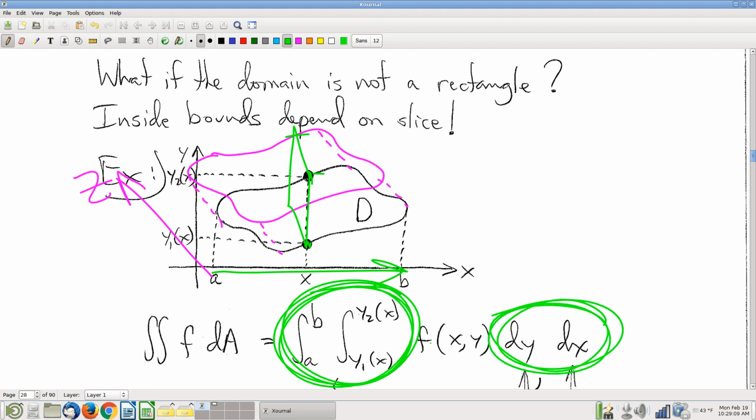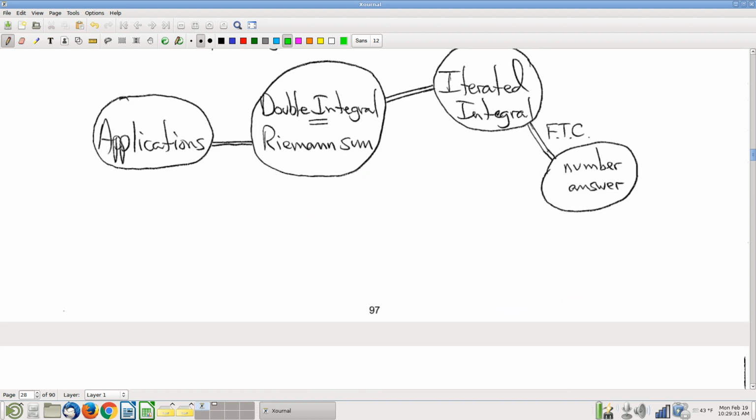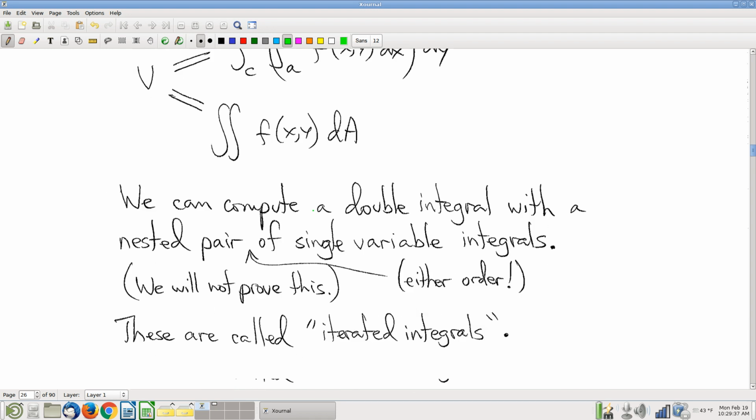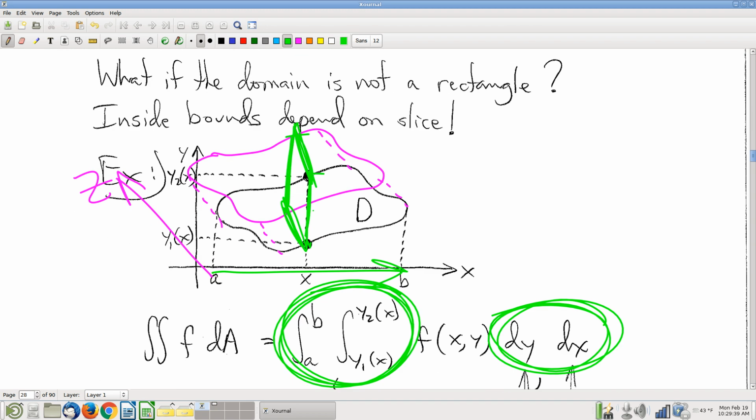And in order to keep track of the range of values, notice you don't need the z-axis, right? What's happening with x? Who cares how high you are? Who cares what z is if all you're interested in is x and y? So the nice thing about it is that even though you might visualize this three-dimensional slicing process like we did back here, if all you're interested in is the range of values of x and y, don't bother drawing the whole three-dimensional thing.